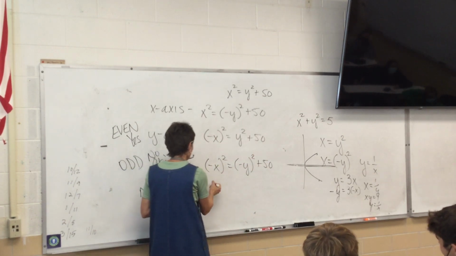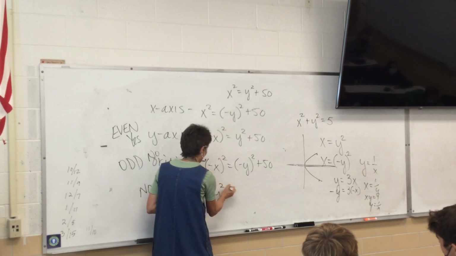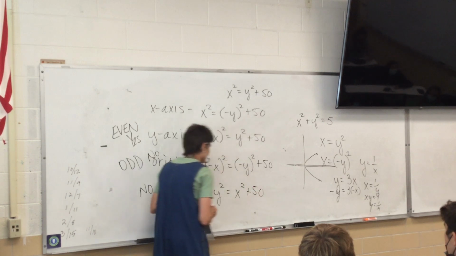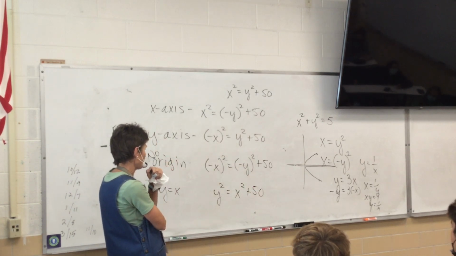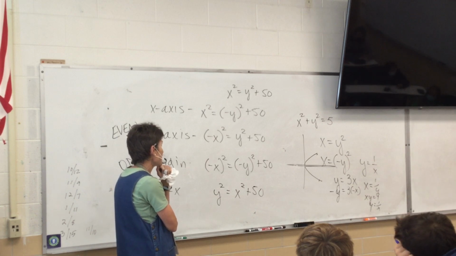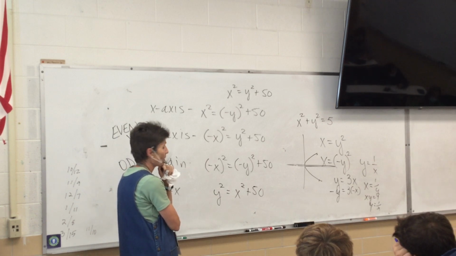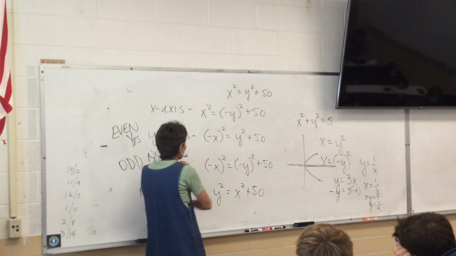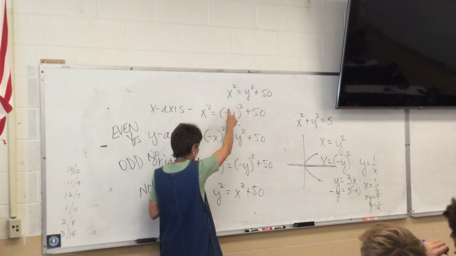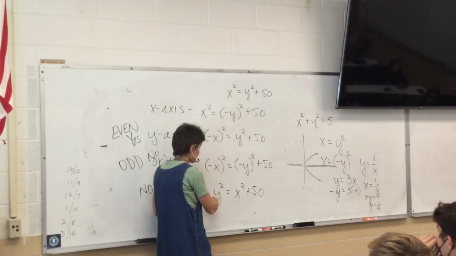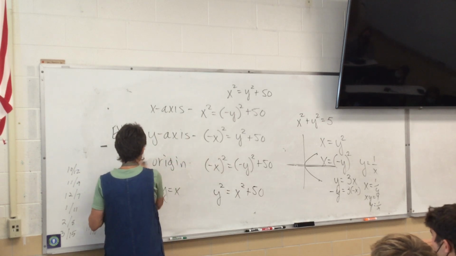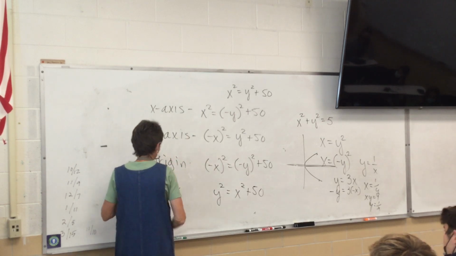And finally, we've got to be careful on that one. No. I don't think those are the same, are they? Because if I get y alone up there, wouldn't it be x squared minus 50? It's got to be x squared plus 50. So this one's a no, but all the rest of them were yeses.